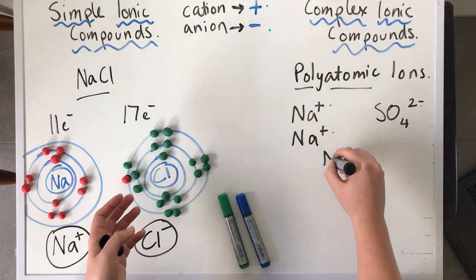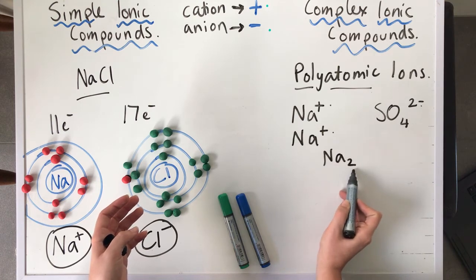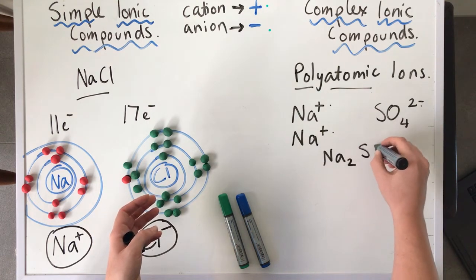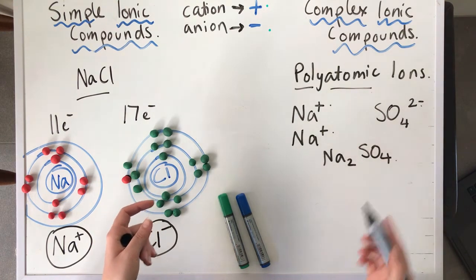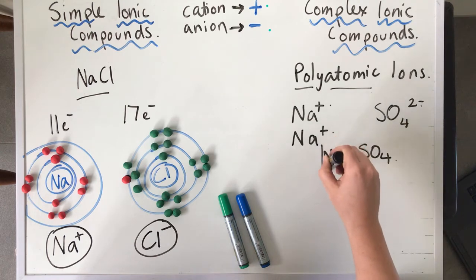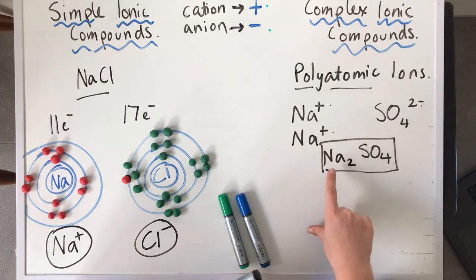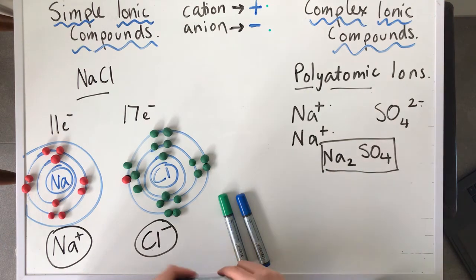My ionic formula, therefore, is sodium with a subscript of 2 and my sulfate ion. I now know that this is balanced, it's neutrally charged. That's how many sodium ions I need to pair with my sulfate to create this complex ionic compound.